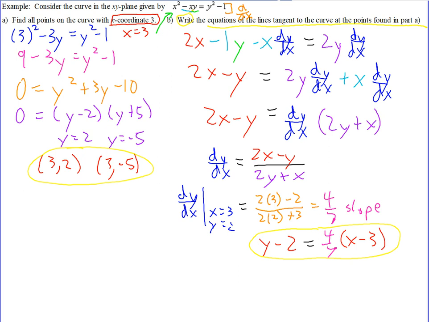All right, let's find the slope at the other point now. So dy/dx, specifically when x equals 3, again, and y equals negative 5. So that would be 2 times x, which is 3, minus y, which is negative 5, divided by 2 times y, which is negative 5, plus x, which is 3.